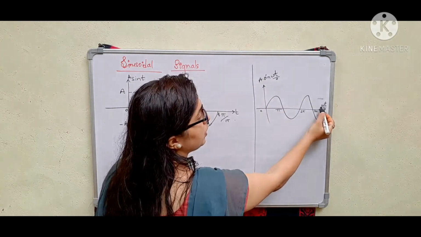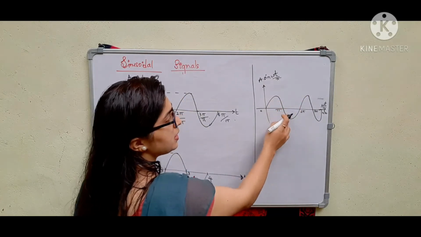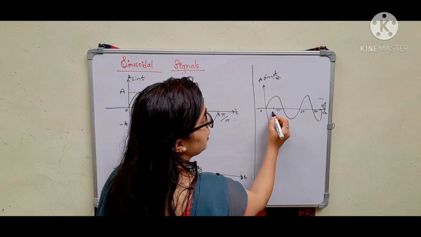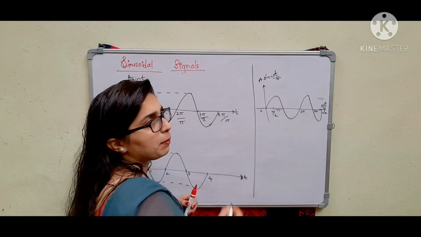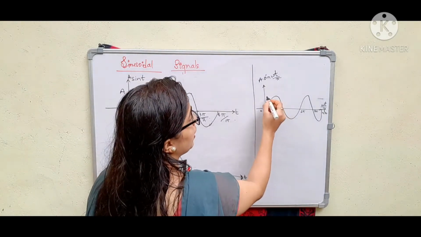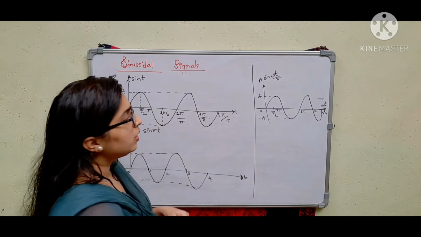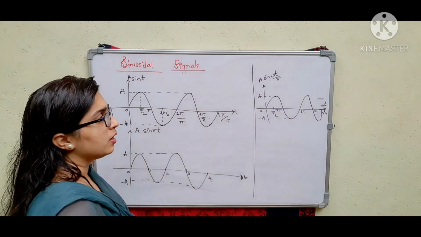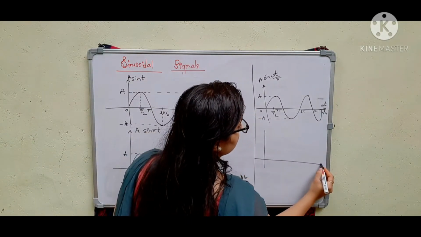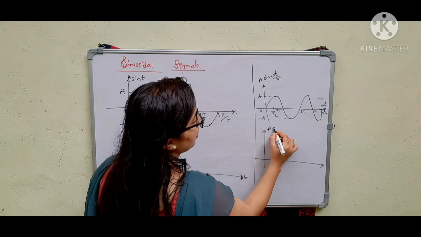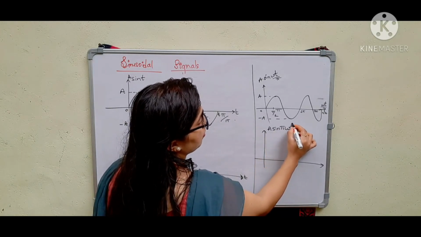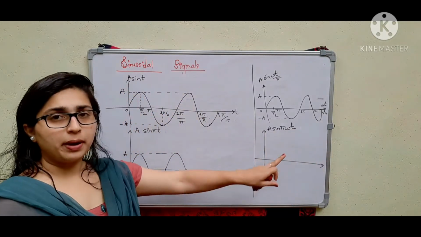If I substitute pi, sine pi is again 0. If I substitute pi by 2, sine pi by 2 will be equal to 1. So 1 into A, that will be equal to A. So this is your amplitude A and minus A. So if I consider A sine omega t.